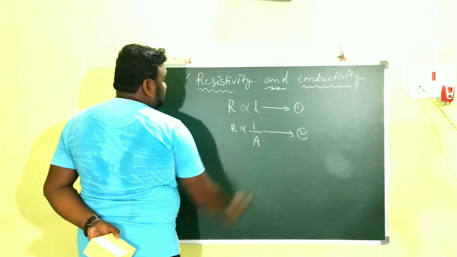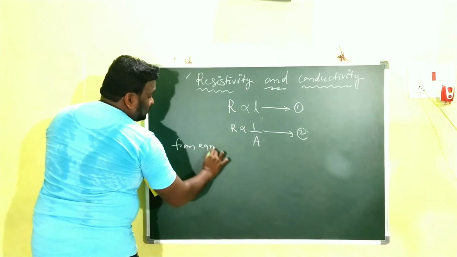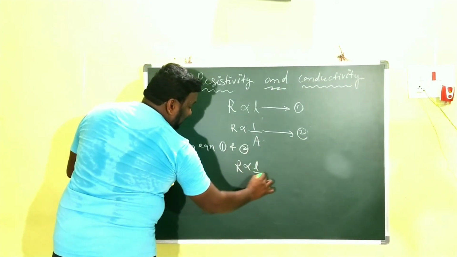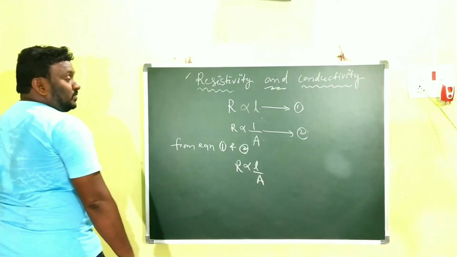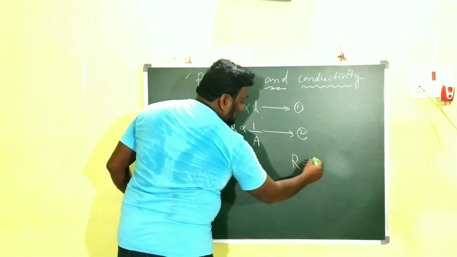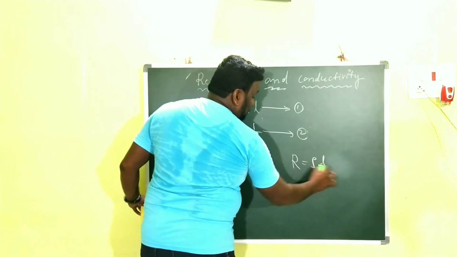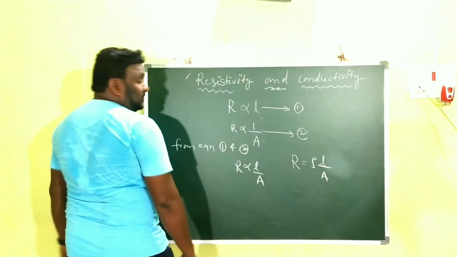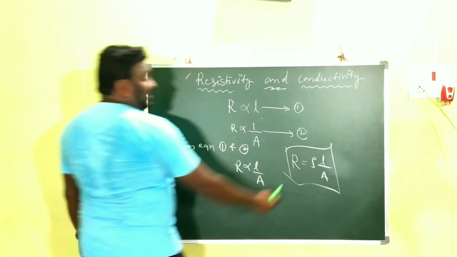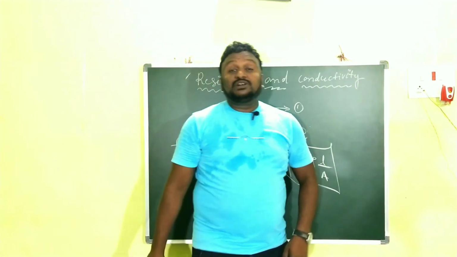From these two equations, R is proportional to L by A, and to equate them we use one proportionality constant, so R is equal to rho into L by A. Here rho is the proportionality constant.